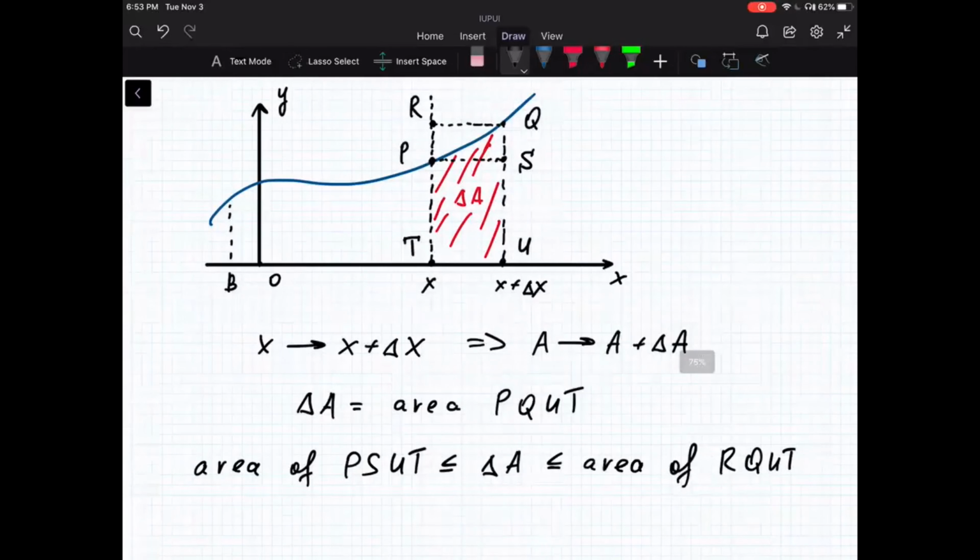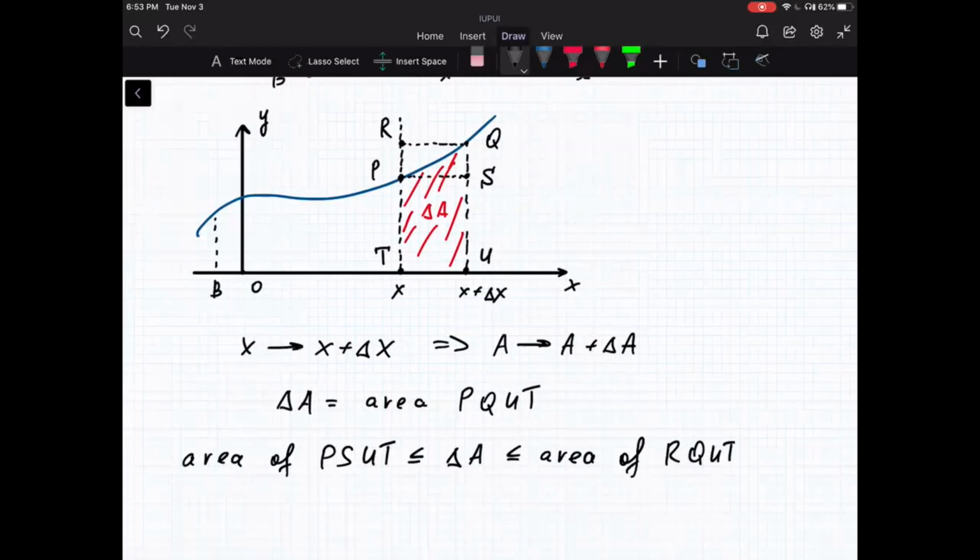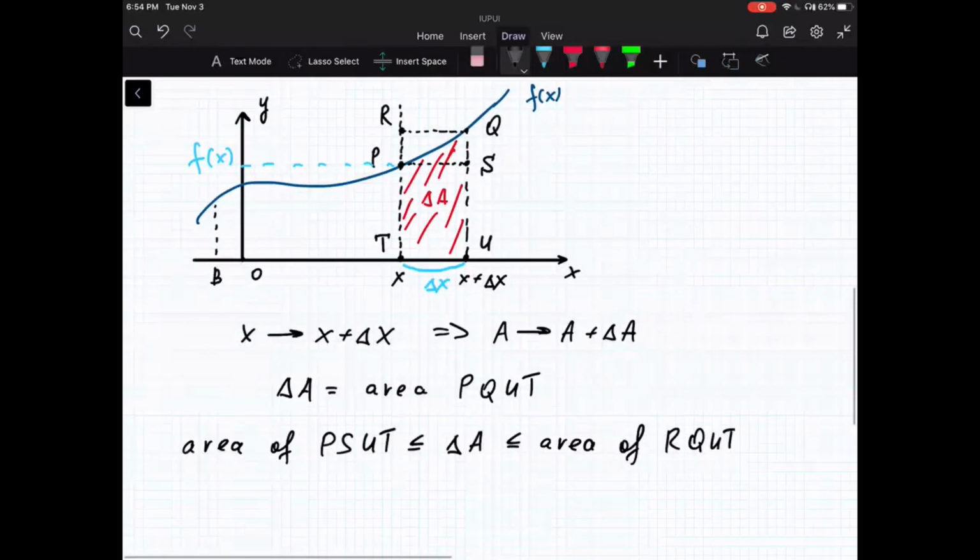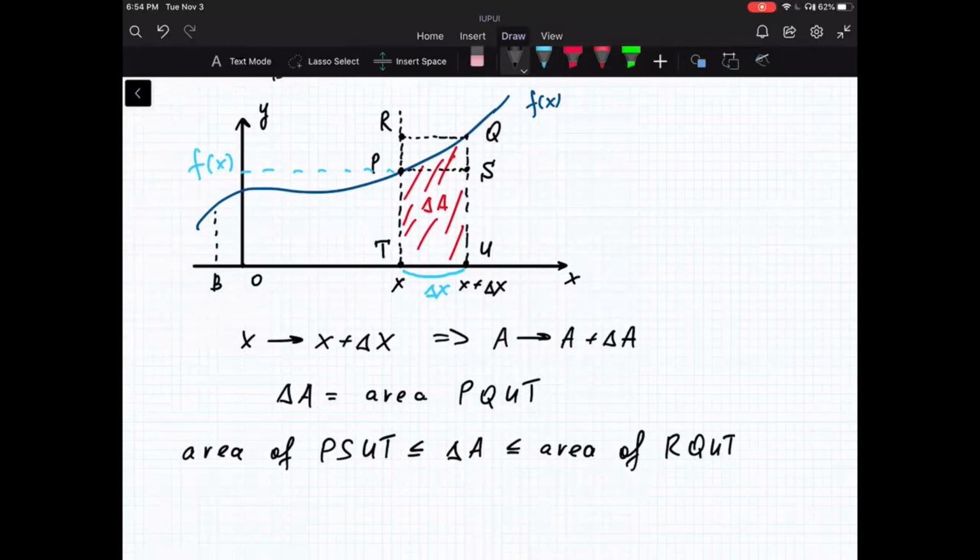And thus we can easily calculate their areas, because the area of a rectangle is just the product of base and height. In the case of PSUT the base is just delta x, as we can see from the picture, while the height of this rectangle is the same as the value of my function at point x. So the area of the rectangle PSUT is equal to base, which is delta x, times height, which is f of x.